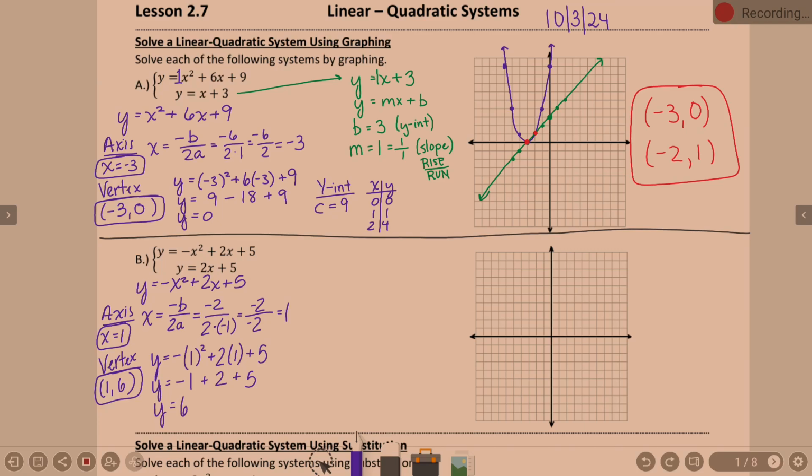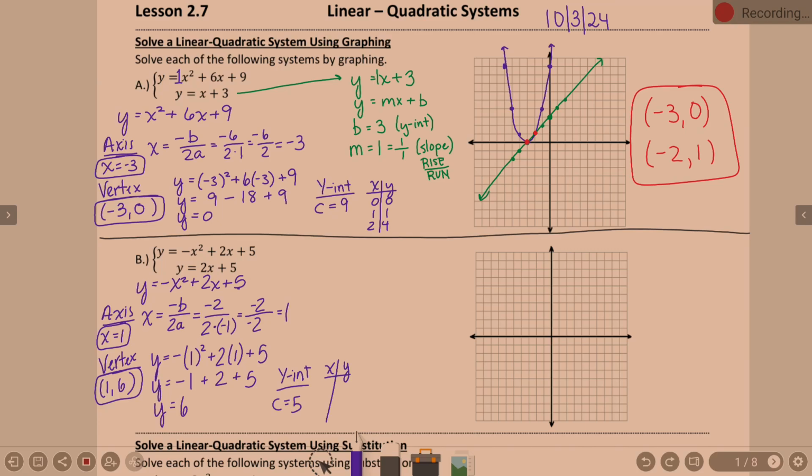Okay. Options for how we're going to graph the rest of this. One thing I know, my y-intercept is that c value of 5. And it just kind of depends on the situation. What about this parabola? It's y equals -1x squared.